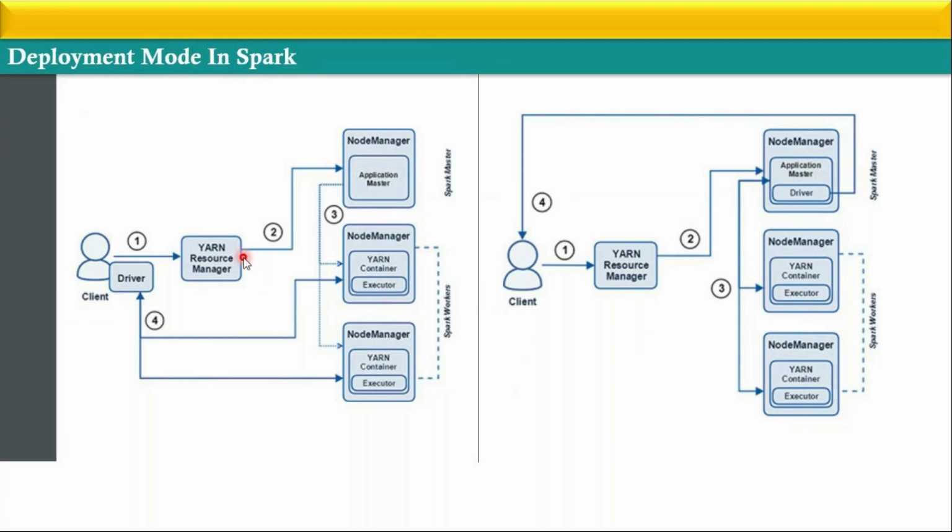Now we just need to differentiate what is there in client mode and what is there in cluster mode. The same stuff: the client is there and wants to execute a particular job. This is the Spark cluster. The client is going to send a request to the YARN manager, and the YARN manager, or RM, is going to initiate an application master in one of the node managers.